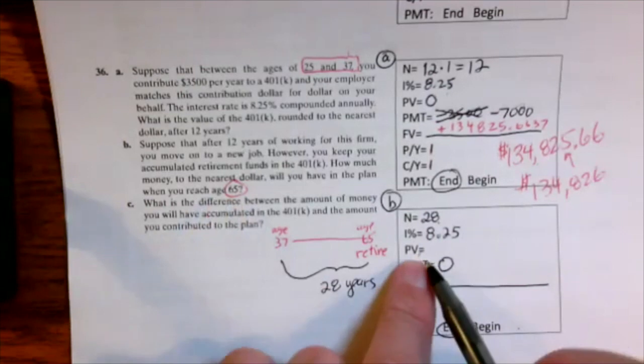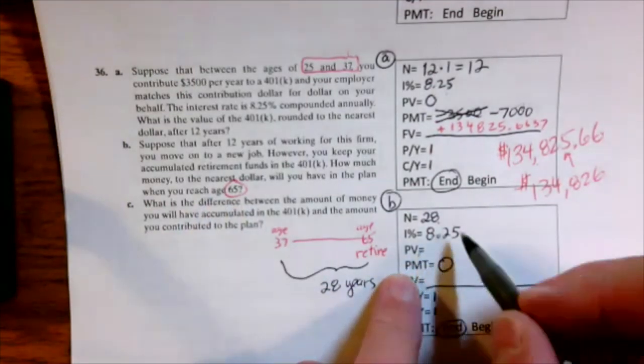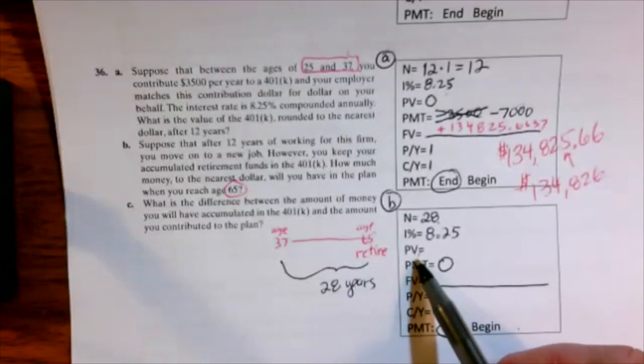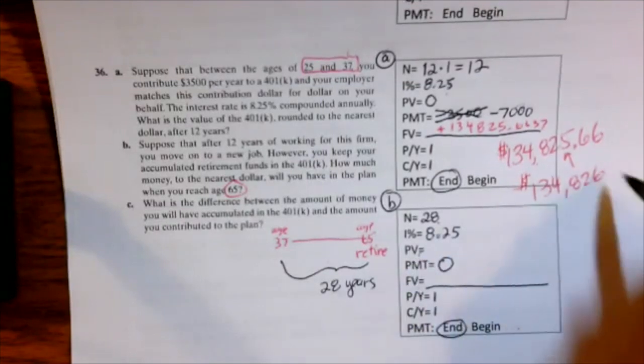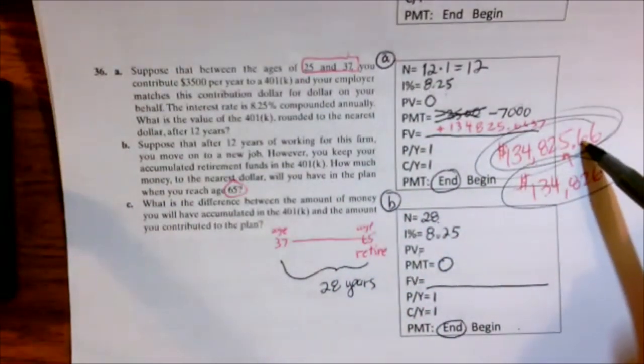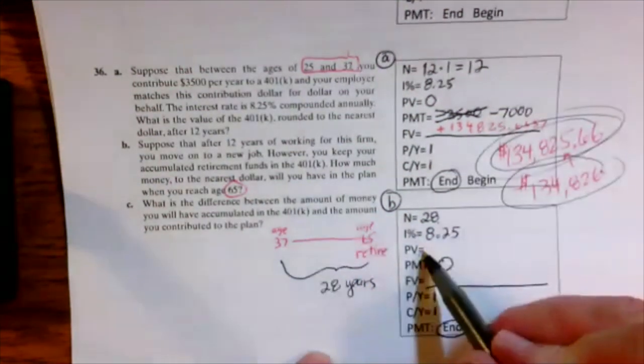You said what are we going to put for the present value? Yeah, we're trying to calculate the future value, so we need to know what the present value is. The answer we came up with before, the 134? Okay, good. So that's where we left off when we left the company. And that then becomes our present value in the next phase of the problem.